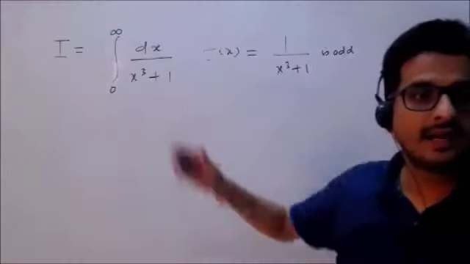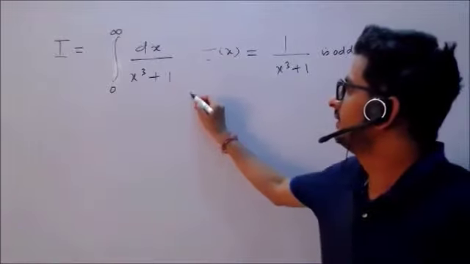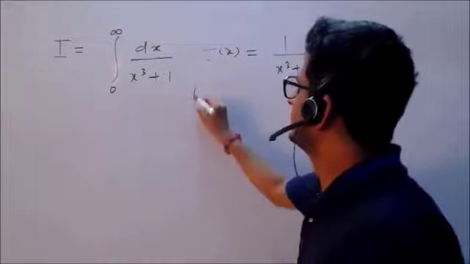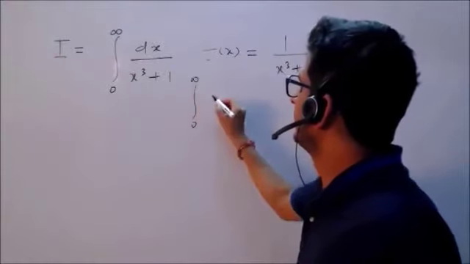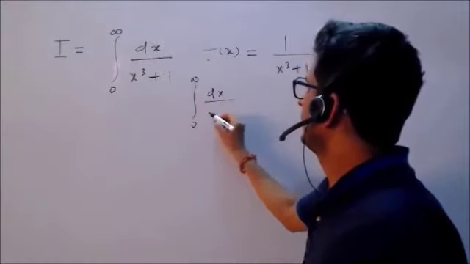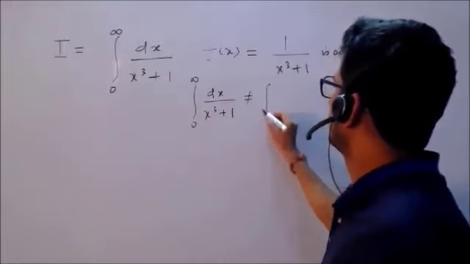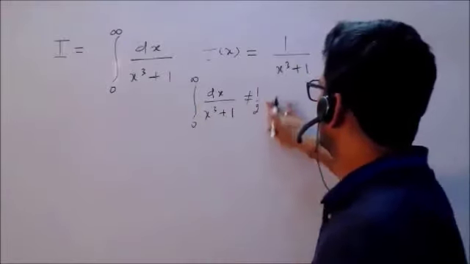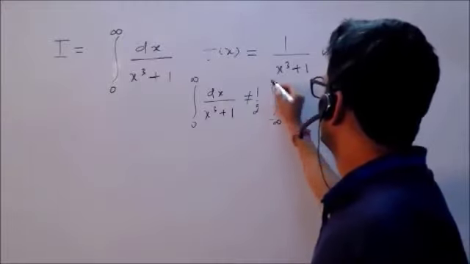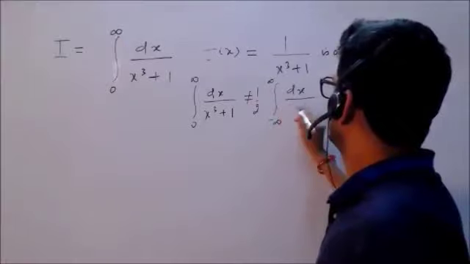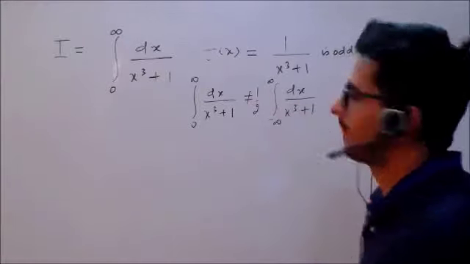So I can't write the integral from 0 to infinity of dx over x cube plus 1 as equal to half of the integral from minus infinity to plus infinity of dx upon x cube plus 1.